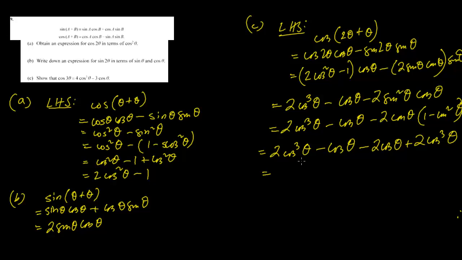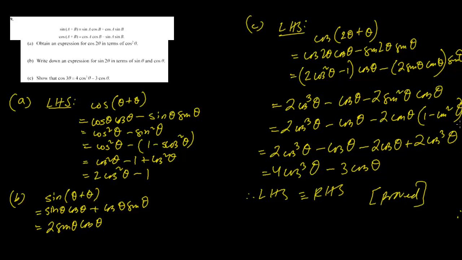So 2 cos cubed theta plus 2 cos cubed theta is 4 cos cubed theta, and minus cos theta minus 2 cos theta is minus 3 cos theta. So we have proved this, therefore left hand side is identical to right hand side, proved.